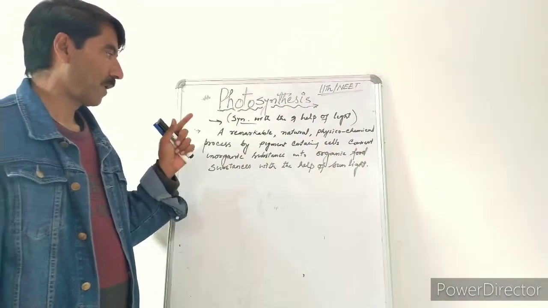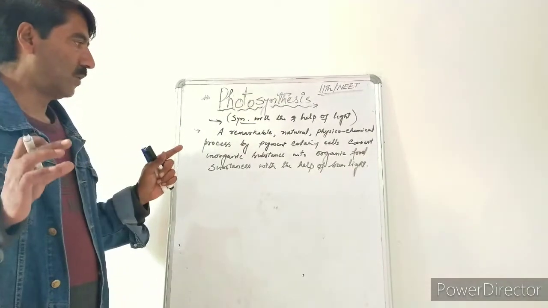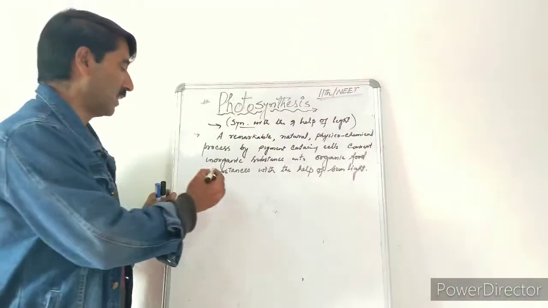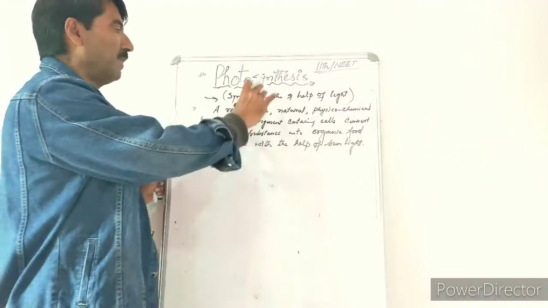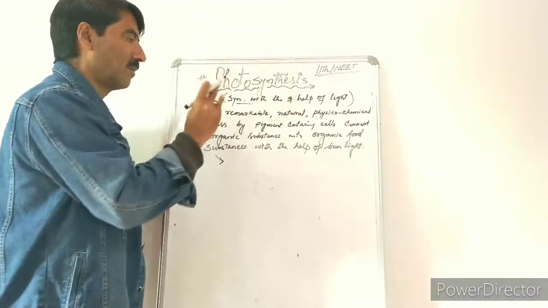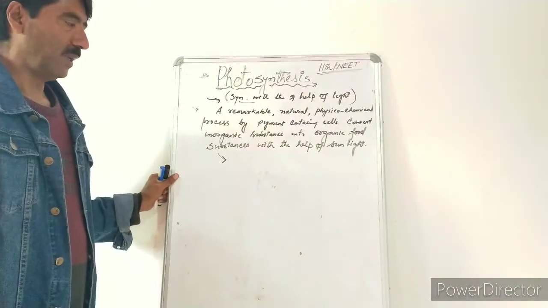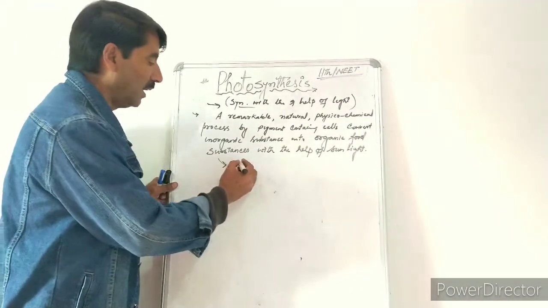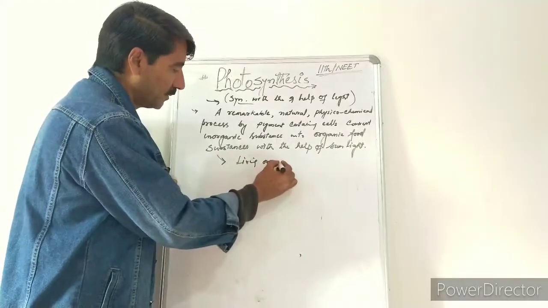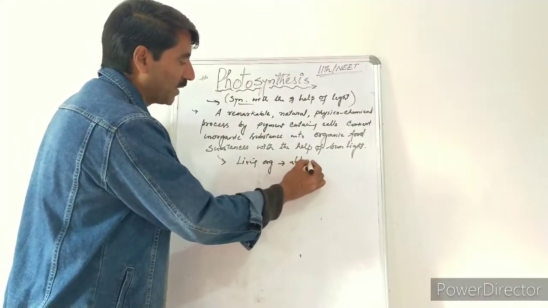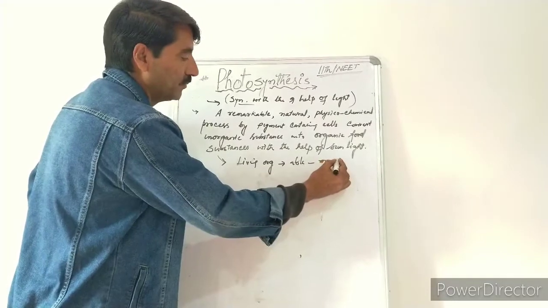Now here, having a broader look over this photosynthesis, let us first try to understand what it means. Here, this means that here a living organism is able to manufacture its own food.